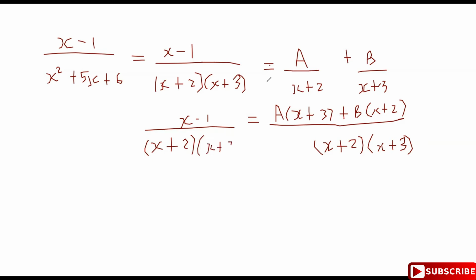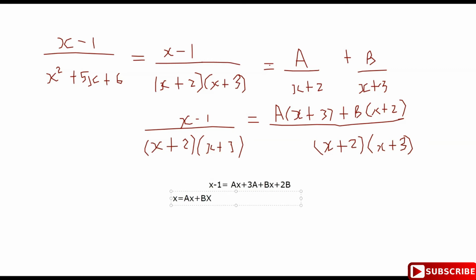Equating the numerators, what we're going to be getting is x minus 1 is equal to ax plus 3a plus bx plus 2b. Now, after equating our numerators, we then equate the x terms to see that x is equal to ax plus bx.